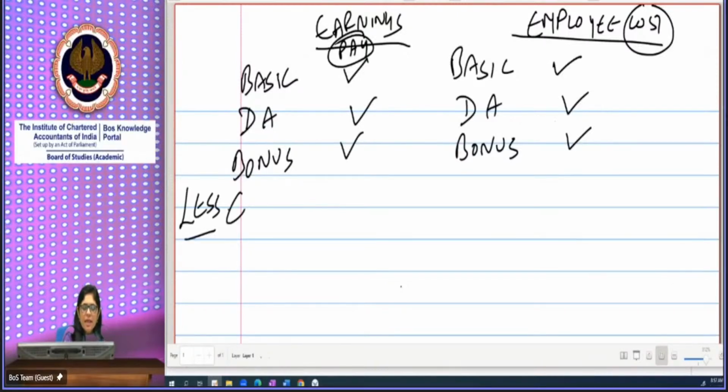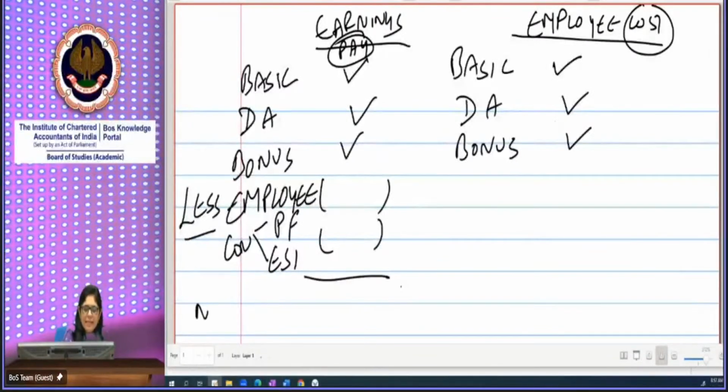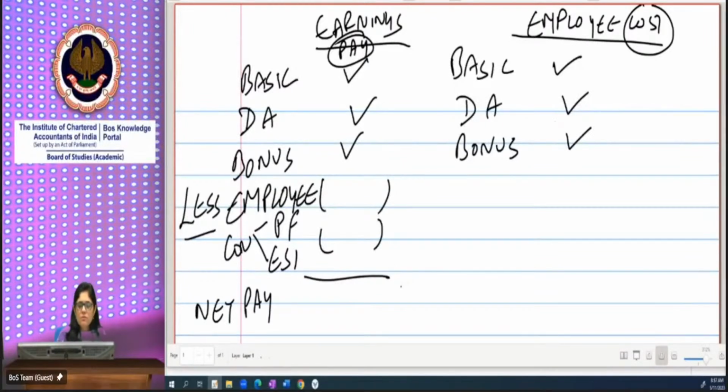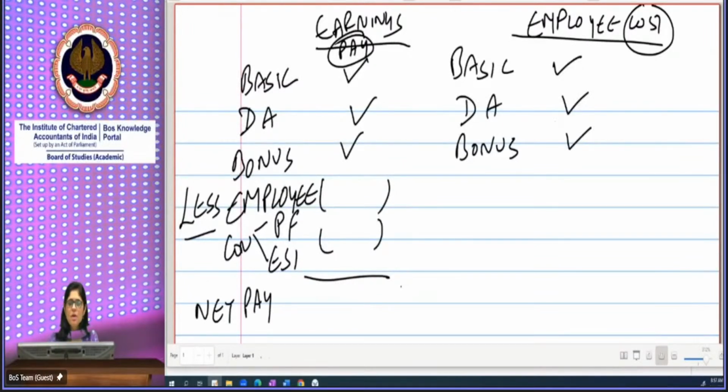Less employee contribution to PF or ESI, we will deduct, and the net amount we will pay. Students, this is very, very important, which I'm explaining to you. Whenever we have to calculate the earnings which we have to pay to the employee, basic, DA, bonus, whatever we are paying, less the deductions, the employee contribution, whatever the employee is contributing to his own PF account or ESI account, we will deduct, and the net amount we will pay to the employee.